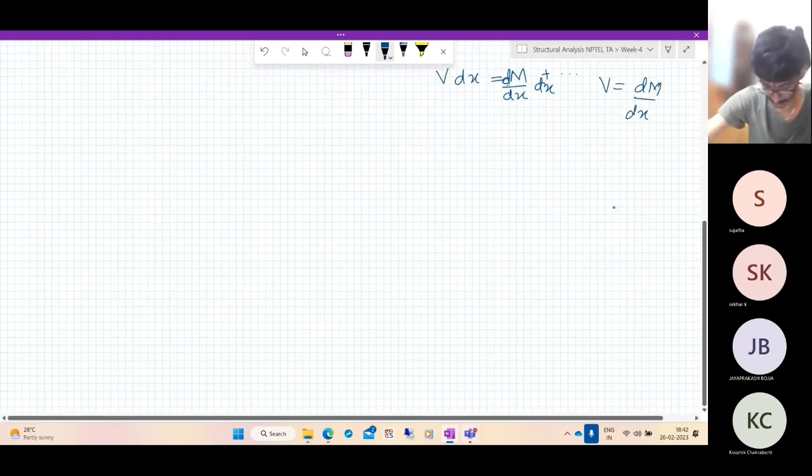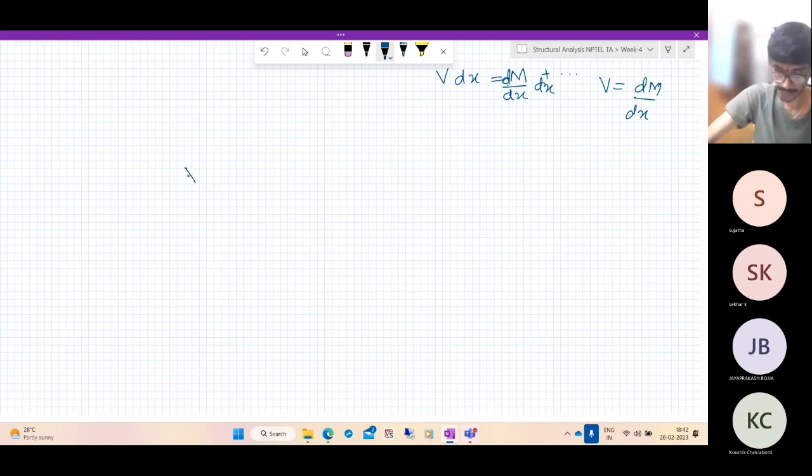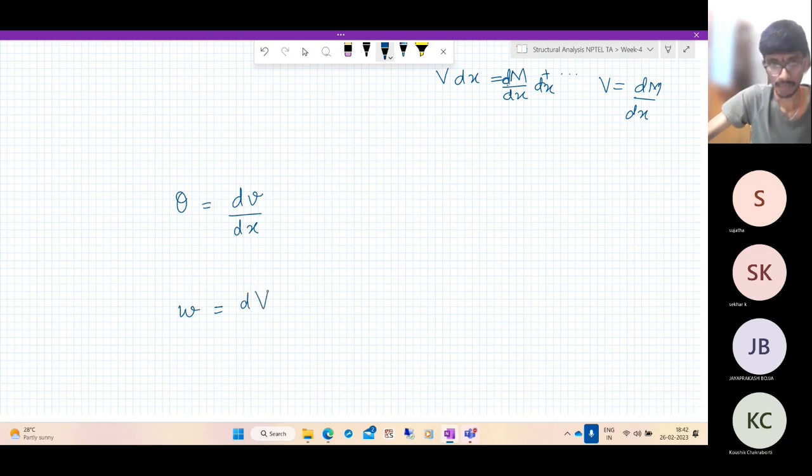Now, if you summarize all these quantities, on the left hand side you have theta is equal to dv by dx, and capital V is equal to dm by dx.